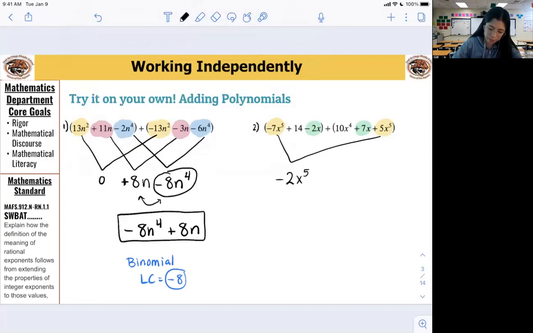Now I have this 14, I'm just going to bring it down. Then I can combine these two. What's negative 2 plus 7? Good, Daniela, 5x. And then this 10 comes right down as well. Now I can rearrange everything and put it in the correct order. So which of these is going to go first?